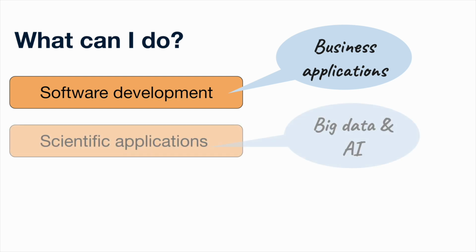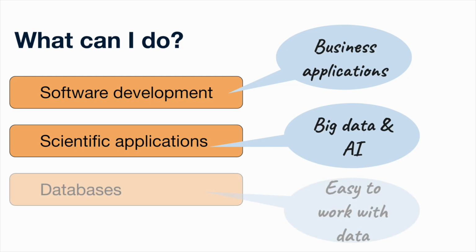The second use case is scientific applications, in particular with data and AI. There's a lot of support in Python when you're working with data and AI. And the third is databases. It's very easy to work with databases. If you think about it, you have the digitization process, which creates data, so you need to be able to work with data easily.